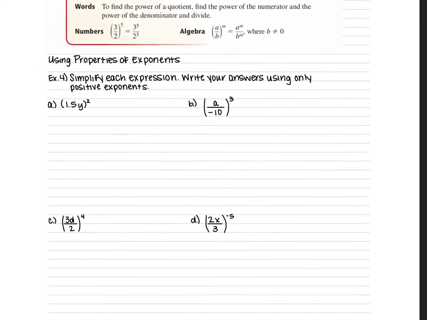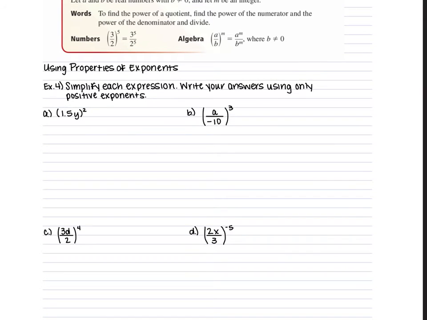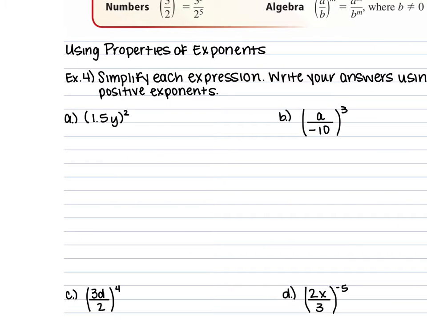For your 4th part, you're just using properties in order to simplify these. You want to remember, if something's in parentheses, you're applying the power to every part in the parentheses. So in example A, we have 1.5y raised to the 2nd power. So this 1.5 and this y are both in the parentheses.